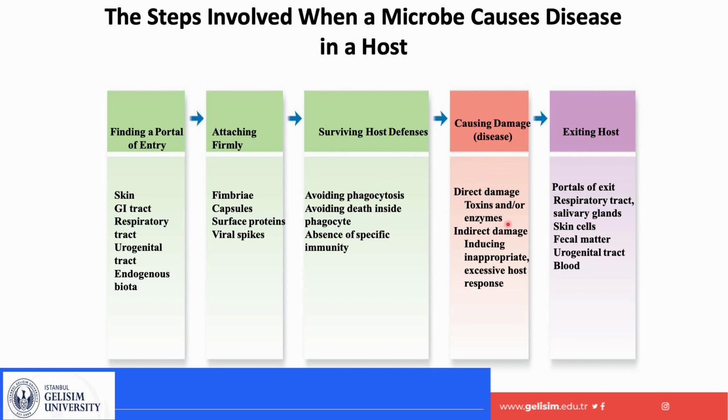They start to release toxins, so direct damage through toxins, or indirect damage by inducing other responses from the host due to their presence. After a certain point, they want to exit when the conditions are not favorable for them to continue to multiply and divide. So now they want to exit and continue into another host.